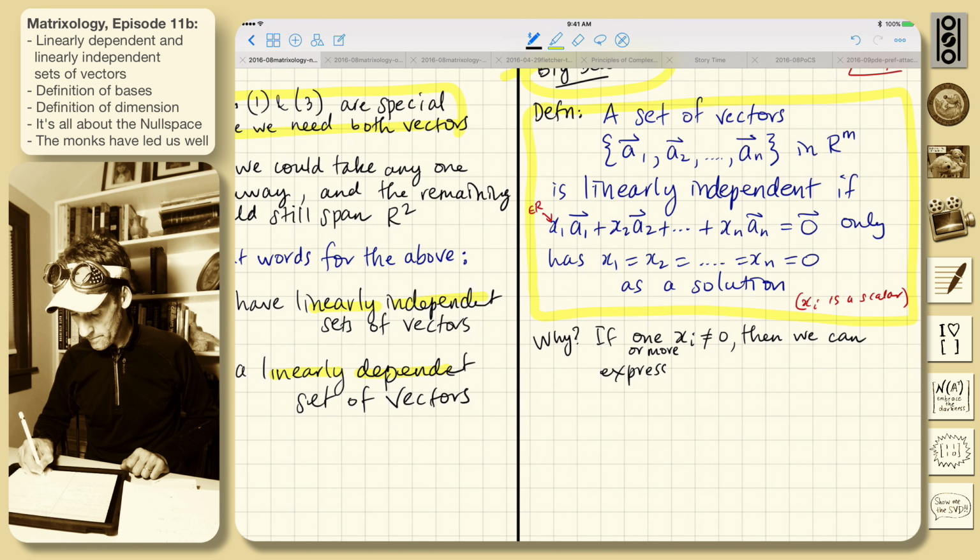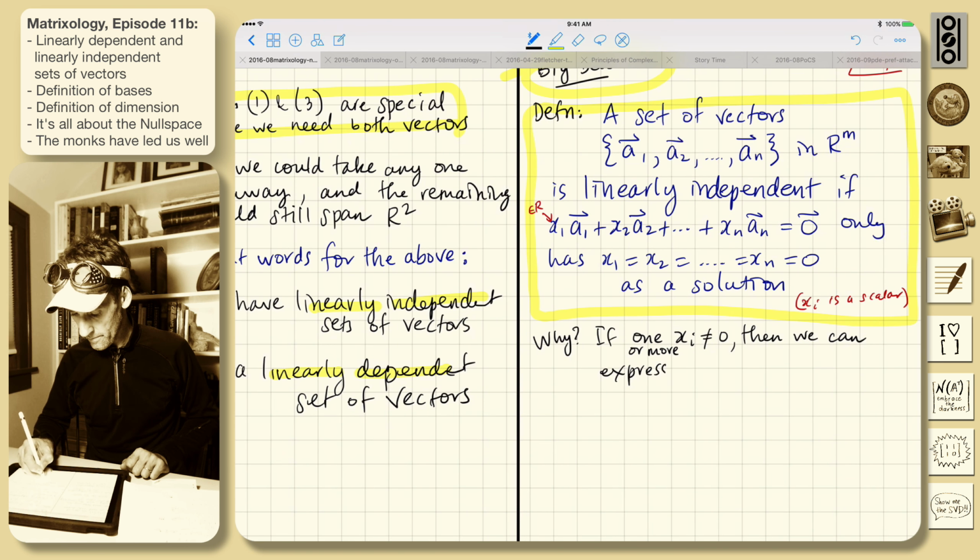You can put one on the other side of this equation, over on the 0, in terms of the others. This is really nice. So hopefully that makes sense.